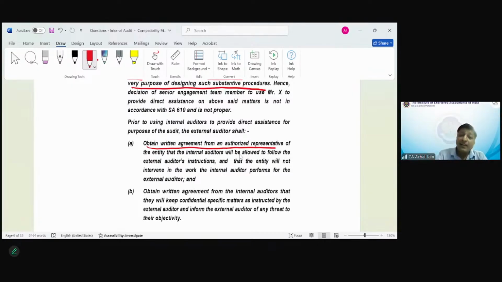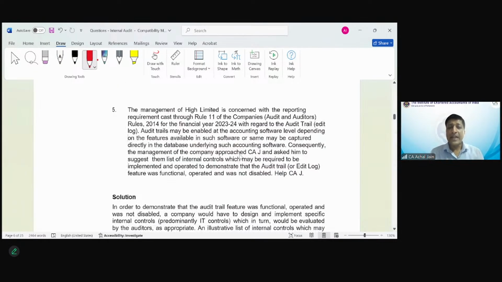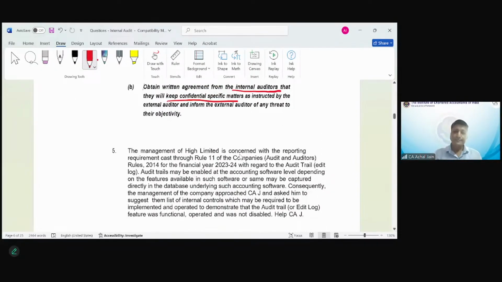And the entity, meaning the company, will not intervene in the work of the internal auditor. Why? Because the entity should not intervene in the work of the statutory auditor. So the internal auditor is nothing but a part of the statutory auditor only. Obtain a written agreement from internal auditors that they will keep such matters confidential. Yes or no? Yeah. So only when these two things are in place can they have some sort of direct involvement. Clear?